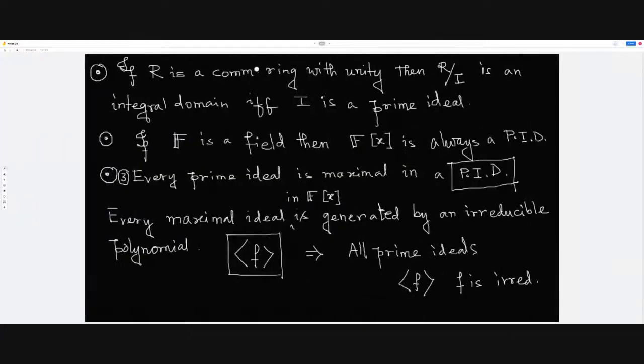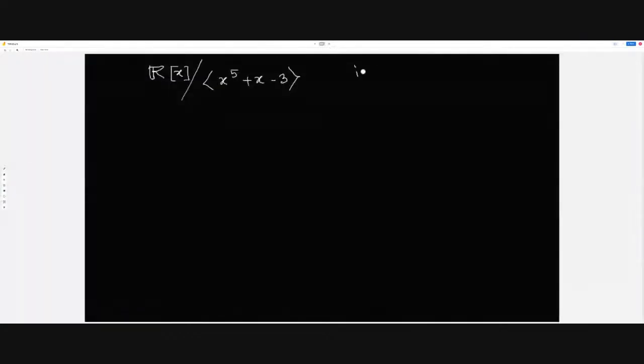Now let us get back to our problem. Here we need to understand, is this an integral domain? If you look at the remarks that have been made, R is a commutative ring with unity, so R mod I is an integral domain if and only if I is a prime ideal.